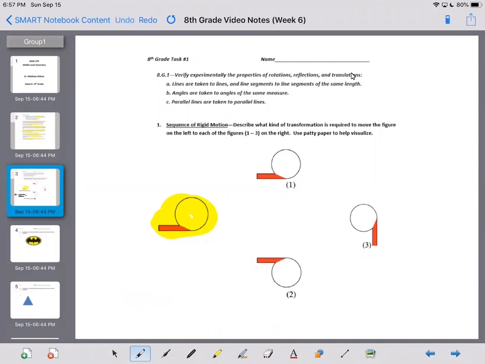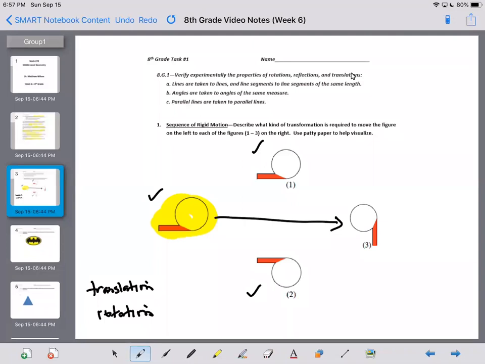So now let's look at number 3. To get to this shape, there would have to be a translation and then a rotation of a certain amount of degrees. Number 1 and number 2 look familiar to the pre-image because of where the red section in this drawing is facing.